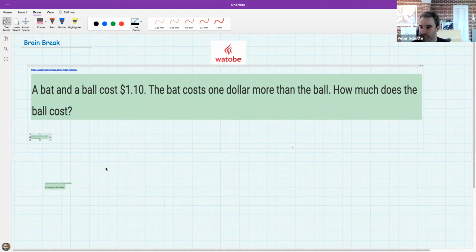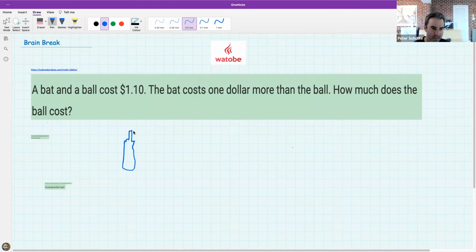Okay, I always like a good diagram. So let's say here's a bat, here's the ball, and if the ball costs 10 cents and the bat costs $1 more than that, that would make the bat $1.10.